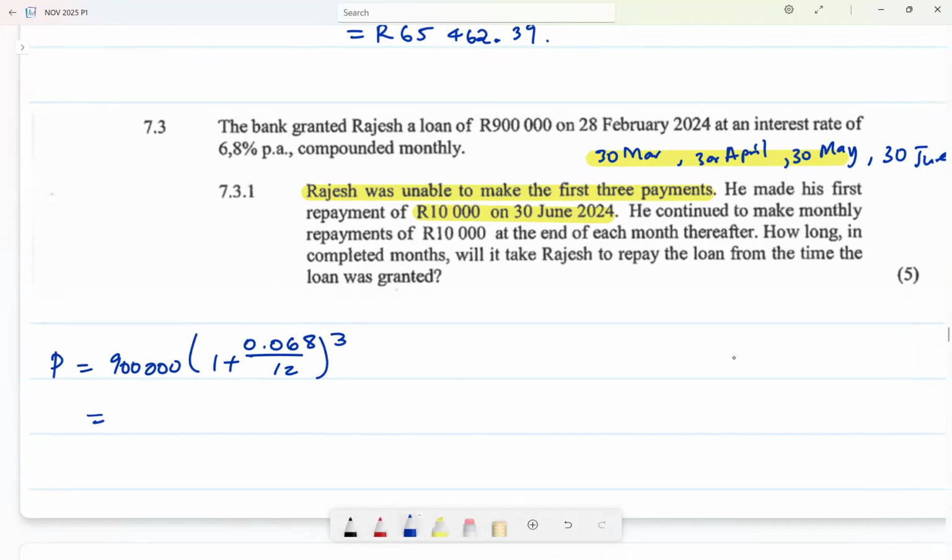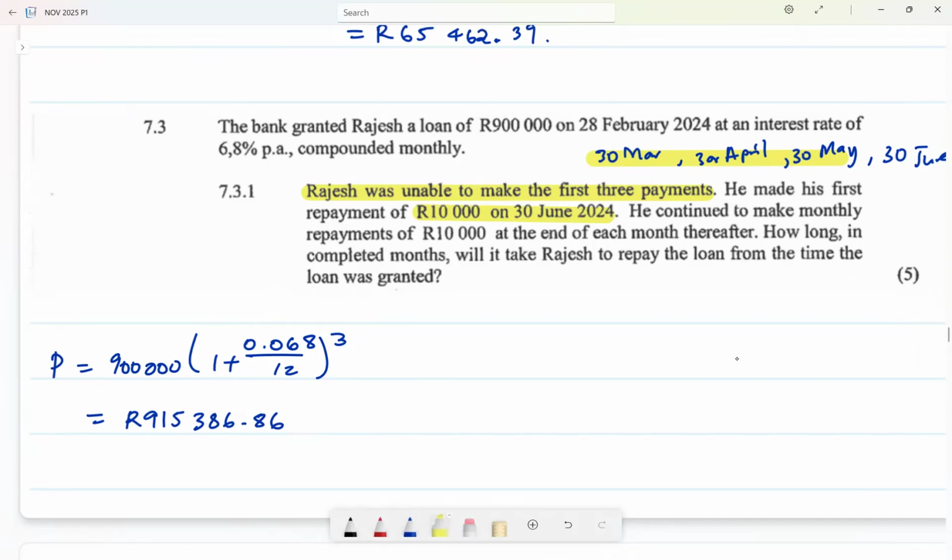So his loan amount will no longer be 900,000, but rather something like 1 million. Okay, not 1 million, I was exaggerating. It is 915,386.86. This is now the amount that Rajesh is supposed to pay.